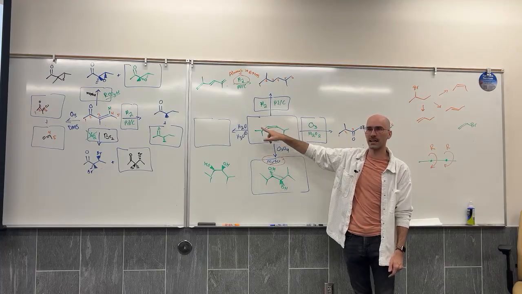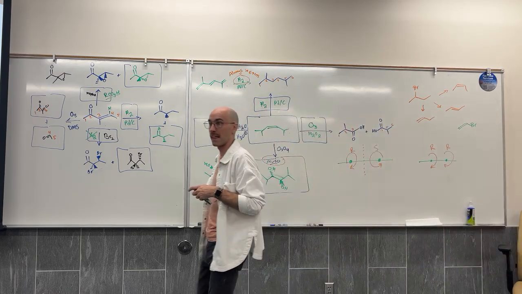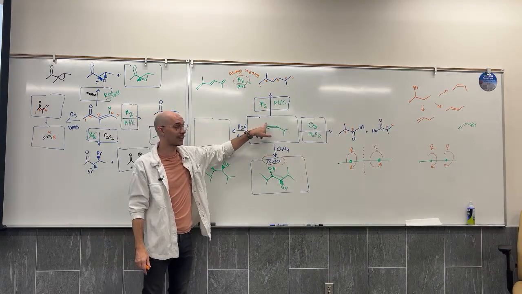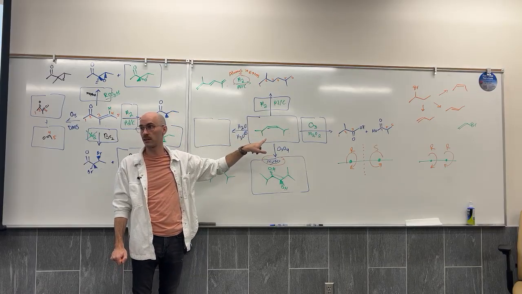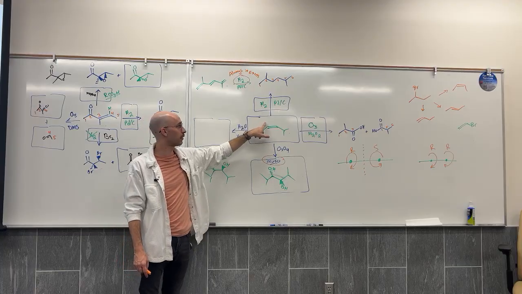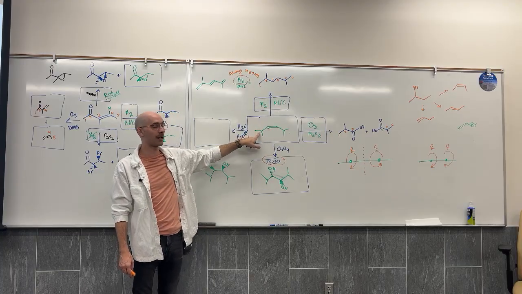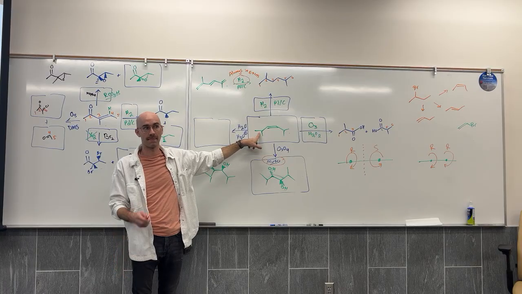If I form a secondary carbocation, I want to stop and consider whether it will rearrange. I see that this secondary carbocation is adjacent to a tertiary carbon, which is more stable, and so a rearrangement will occur. My carbocation will be on the more substituted carbon, and that's where the alcohol will form.